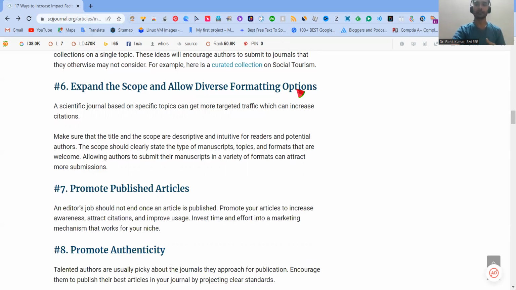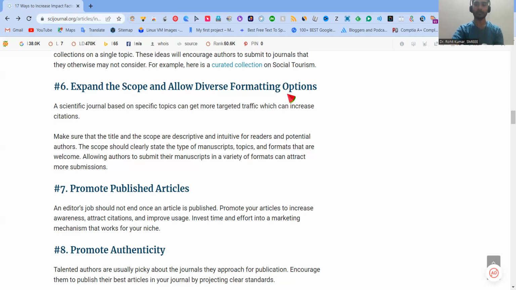But elsewhere, there are no such strict foundations. So publishing, just giving your papers for publication elsewhere, is much easier in comparison to IEEE. So allowing diverse formatting options helps the author to submit their works, because it is not always necessary to submit your work in a particular format only.